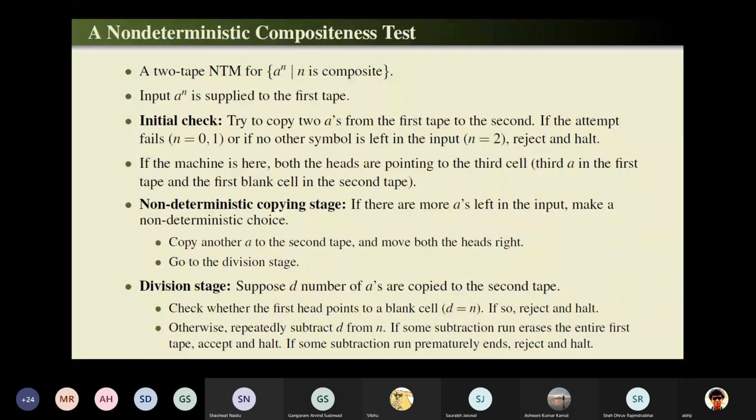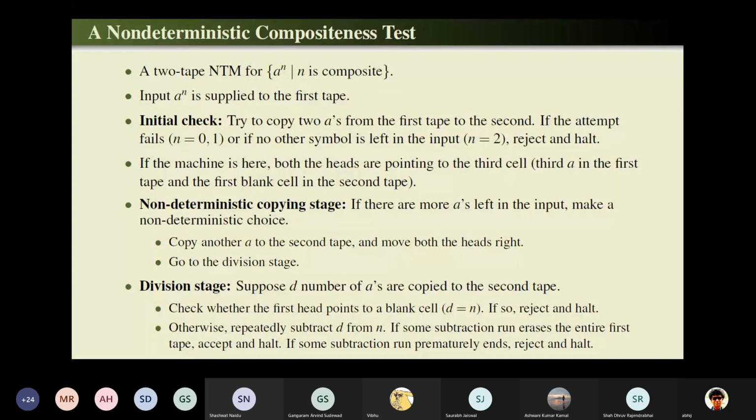When it stops, that is its non-deterministic choice. Keep on writing a, d times, and what that d is may be a non-deterministic choice. Okay. So it will make a non-deterministic choice between 2 and n minus 1. Or maybe square root of n, whatever, it doesn't matter. The square root of n is difficult to compute, so let's say n minus 1.